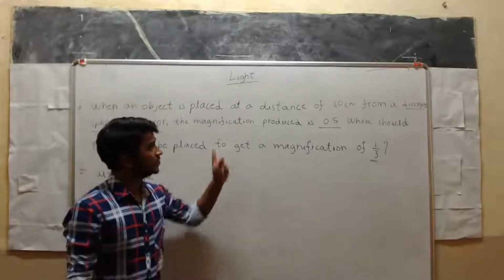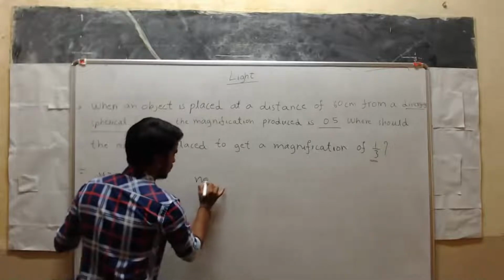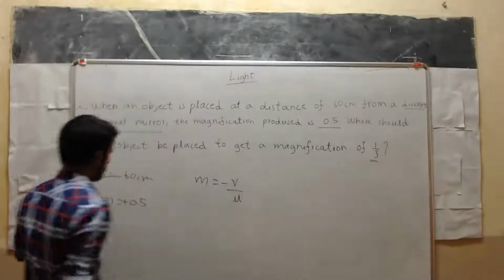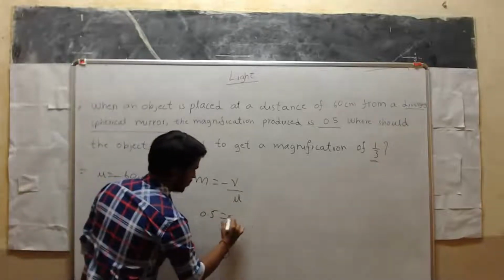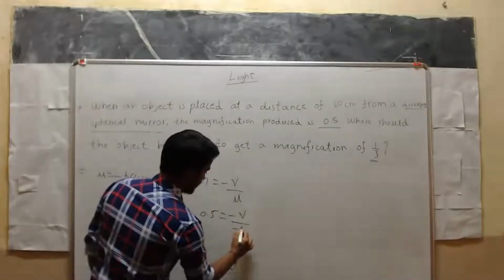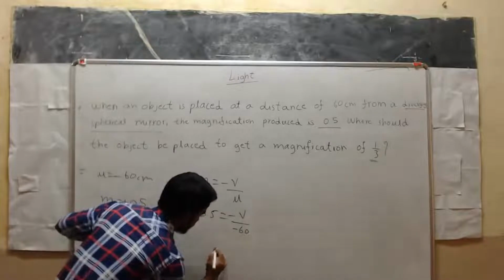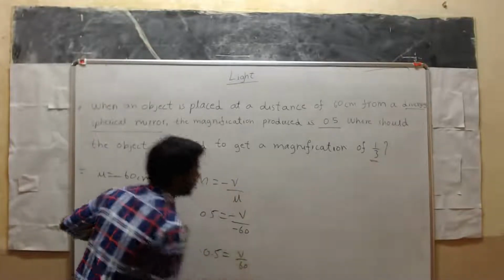First find the focal length of the mirror. Here we know m is equal to minus v by u. The magnification is 0.5, so 0.5 equals minus v by u. u is minus 60, and minus by minus is plus. So we can write 0.5 equal to v by 60.